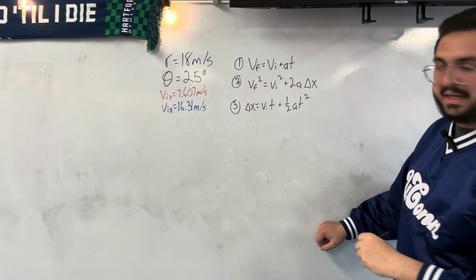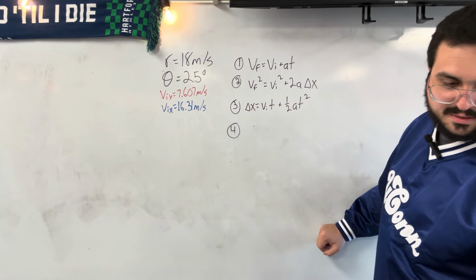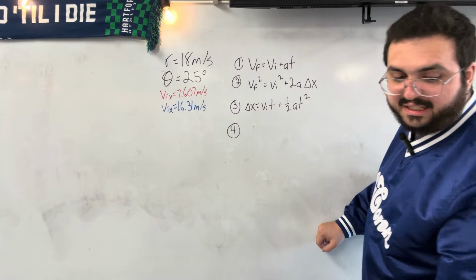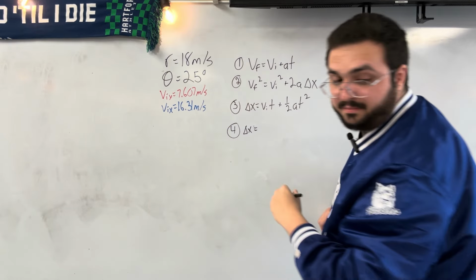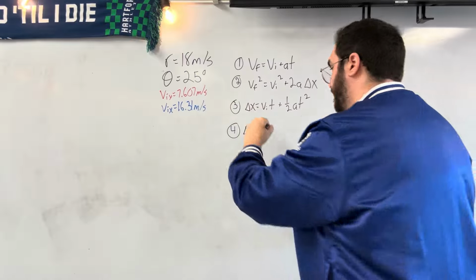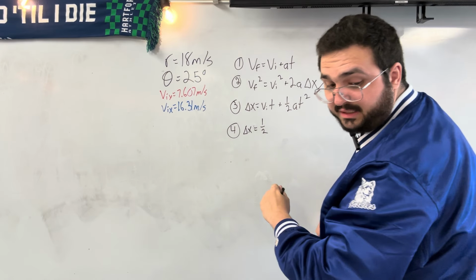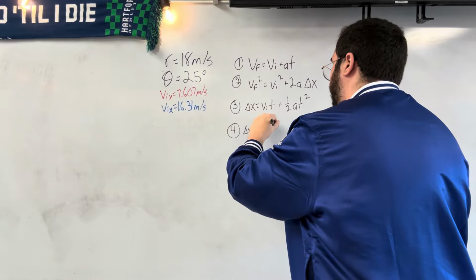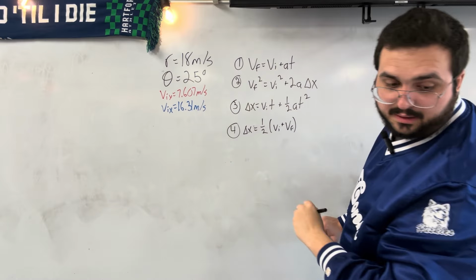And then finally, we have equation 4, which is going to be change in X equals 1/2 parentheses VI plus VF times T.